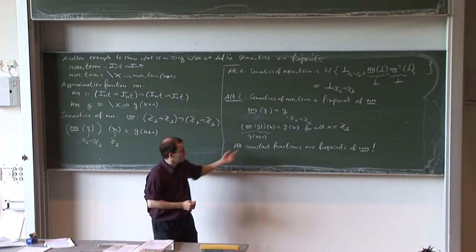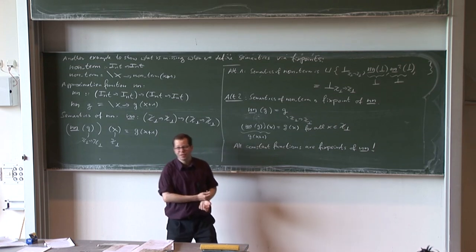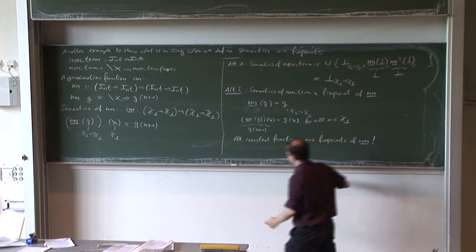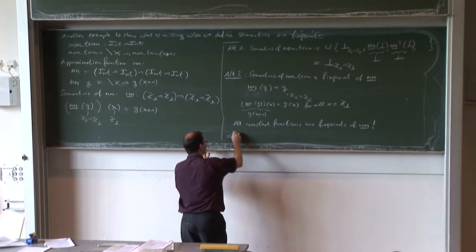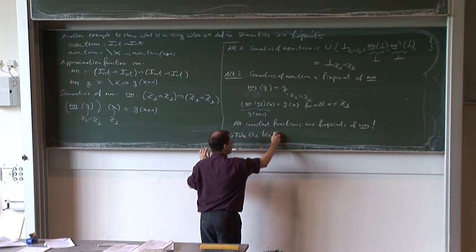So the question is, which of these fixed points do we want? It can happen that nn has many fixed points, and the solution is we want the smallest. We want the fixed point that is as undefined as possible. So take the least fixed point, or the smallest fixed point.